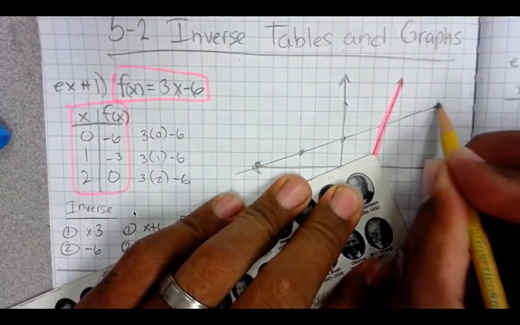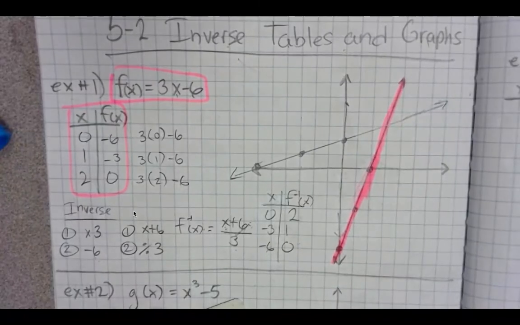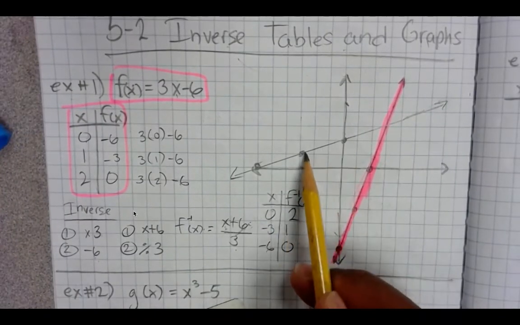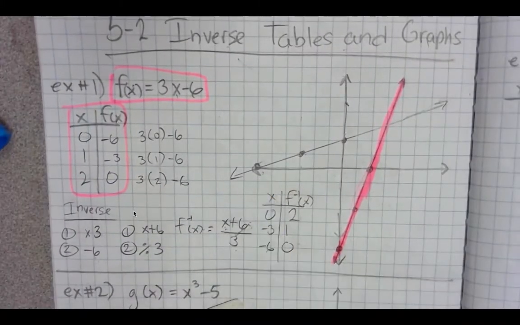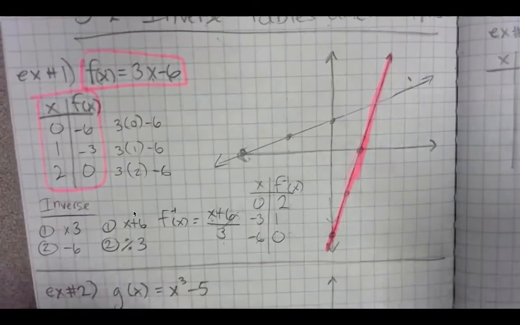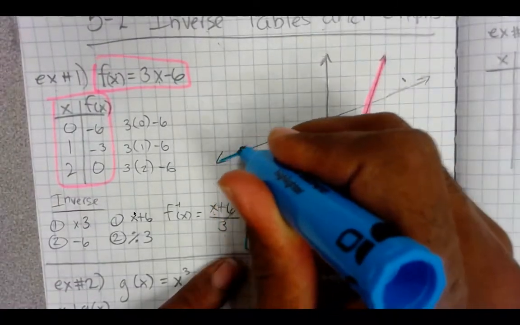What line? Oh, from the points that we just made. I just graphed them. That's 0, 2, that's negative 3, 1, and that's negative 6, 0. All right, so I'm going to highlight the inverse in blue.